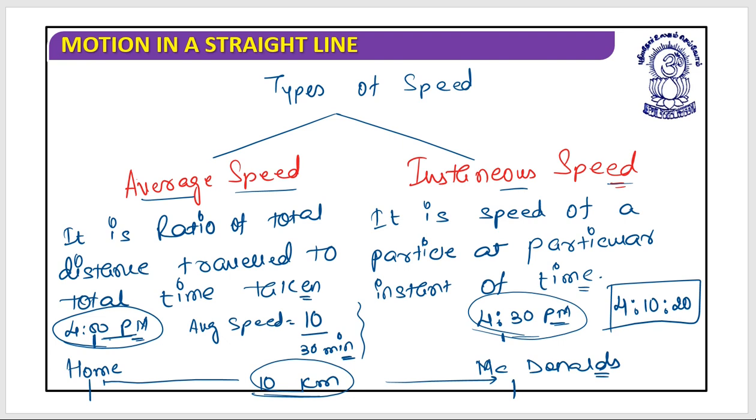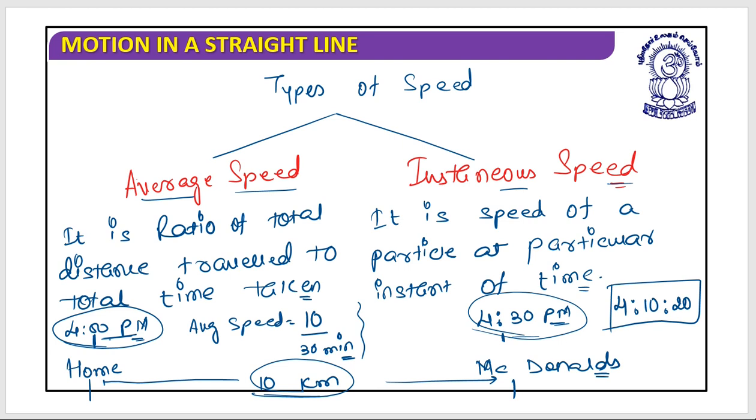Now you are very surprised. How could I remember what my speed was at 4 hours 10 minutes and 20 seconds? Is it possible that anyone remembers that my speed was this, my speed was this, and so on? No, we have absolutely no idea.